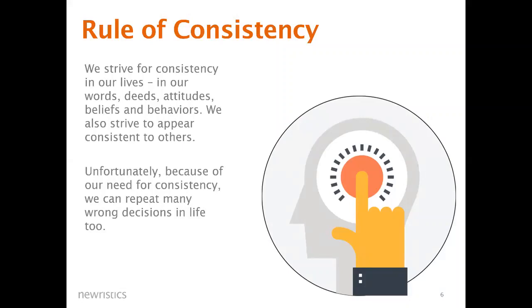We have a two-pronged need on rule of consistency. One is in our own eyes, we need to appear consistent. This is who I am. This is how I do certain things. I always go to the gym. I go to the gym at least 3 times a week, and if I don't, I don't feel myself.